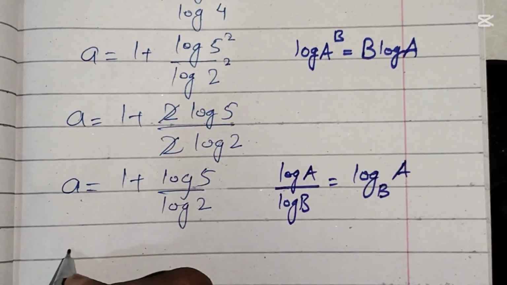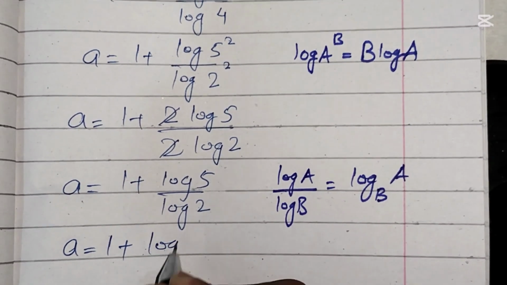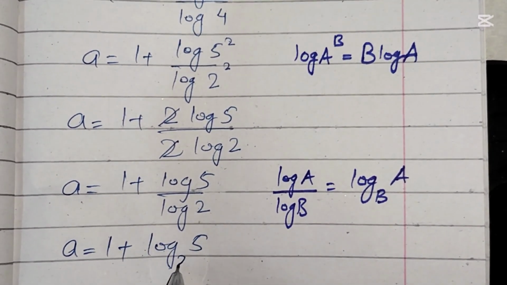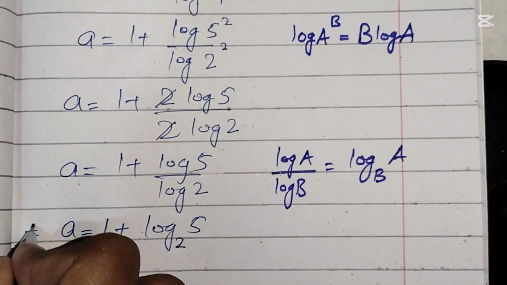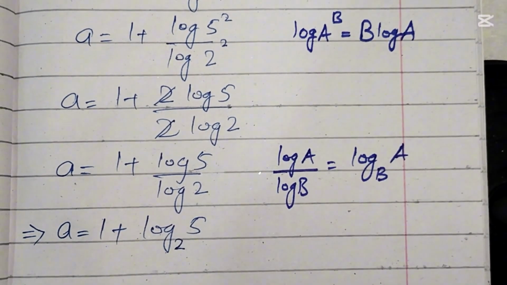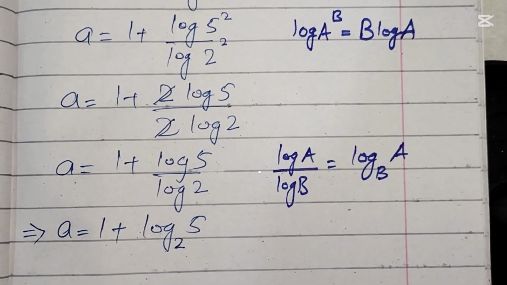So a will be equal to 1 plus log of 5 in the numerator with the base 2, the denominator. So this is the final value of a. We have used 3 formulas of log to solve this question and achieve this answer. But the question does not end here.